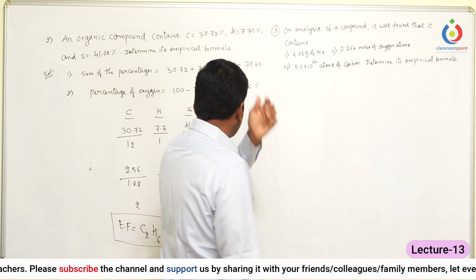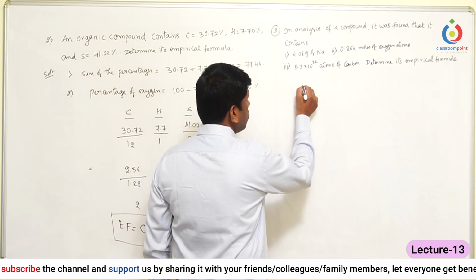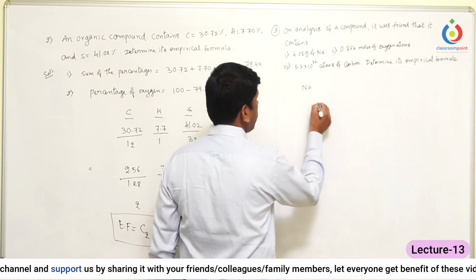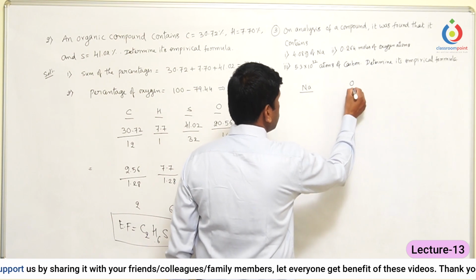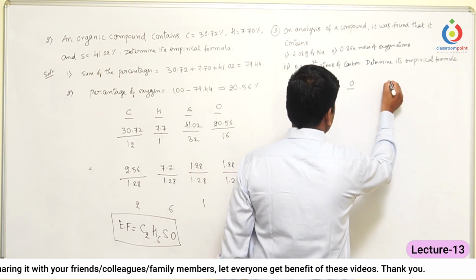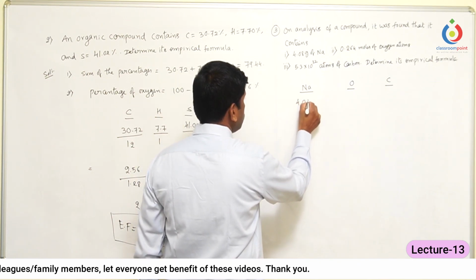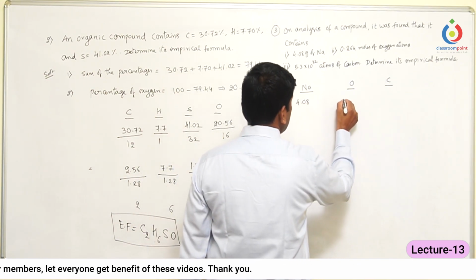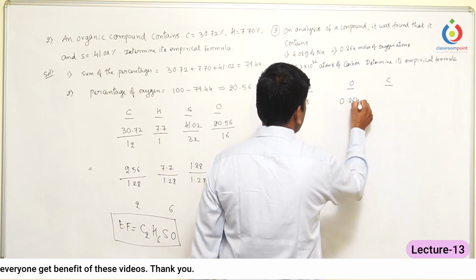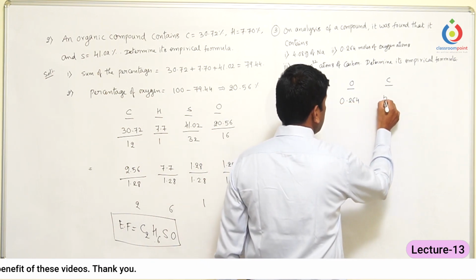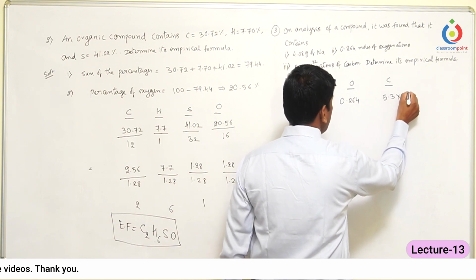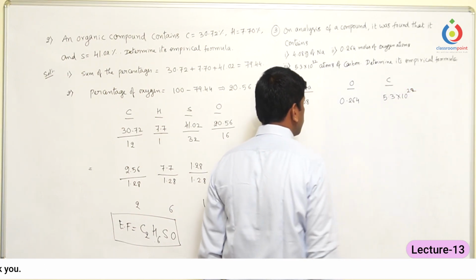So let us see here. Basically sodium, oxygen and carbon are present. Sodium mass is given as 4.08 grams, oxygen 0.264, and carbon is given as 5.3 into 10 power 22.